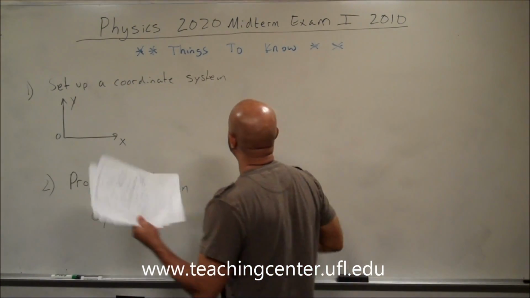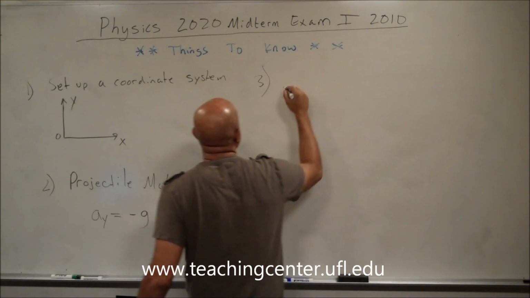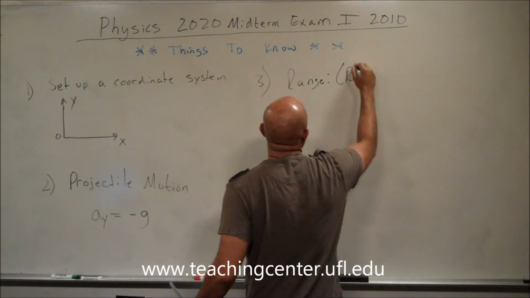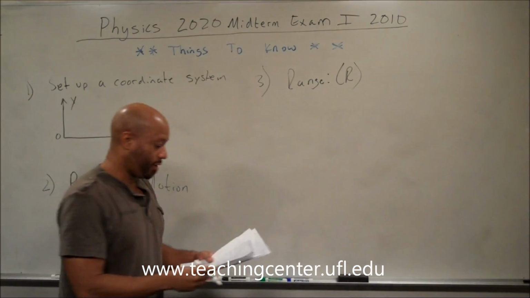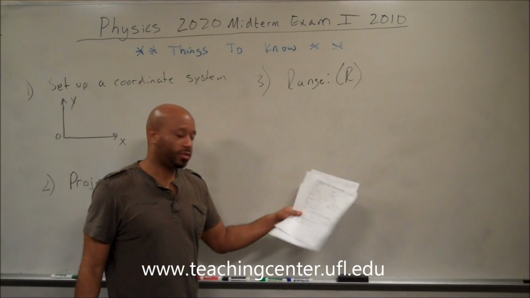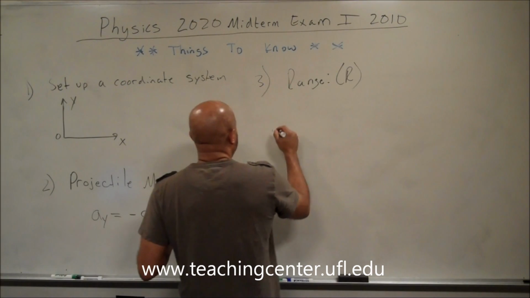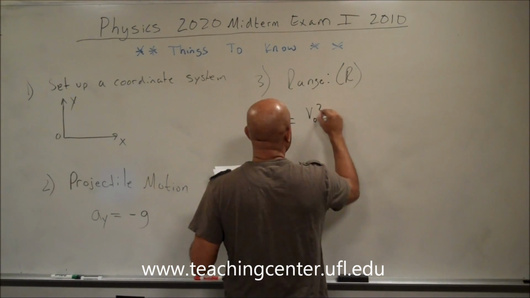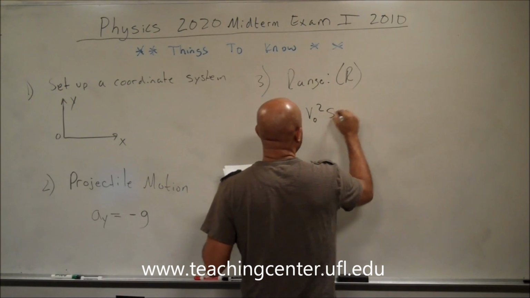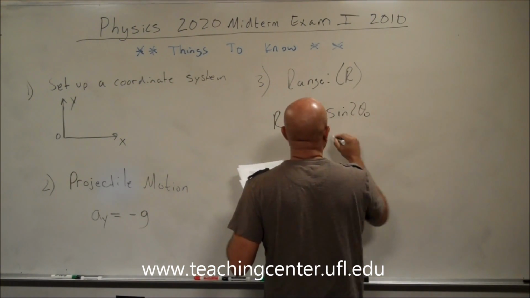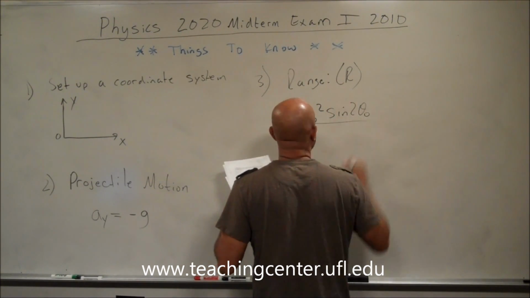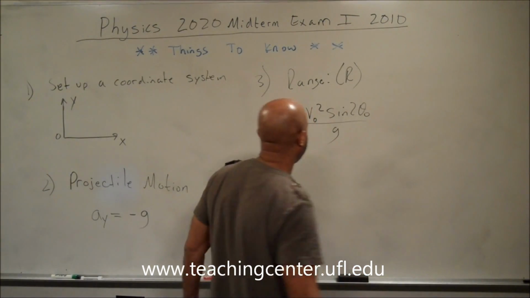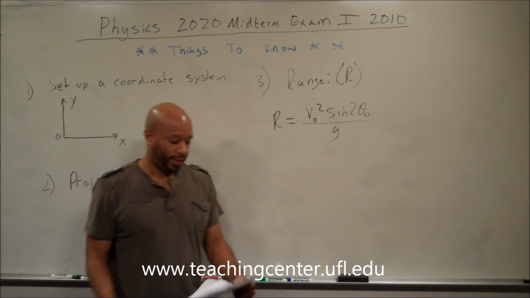The third thing is the range. We denote that as R. Also under the projectile motion section, it defines the equation for range as R equals v sub 0, your initial velocity, squared, times the sine of 2 times your initial angle, divided by the gravity.